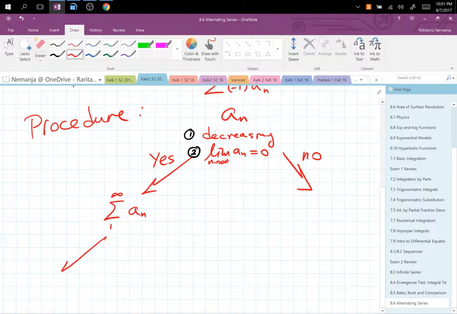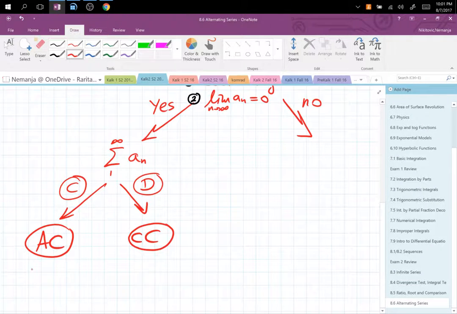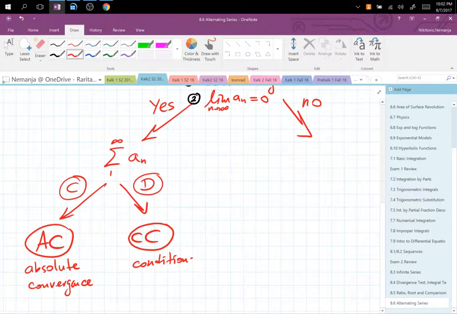Now that one can converge or diverge. If it converges, we have absolute convergence. And if it is divergent, we are going into conditional convergence.